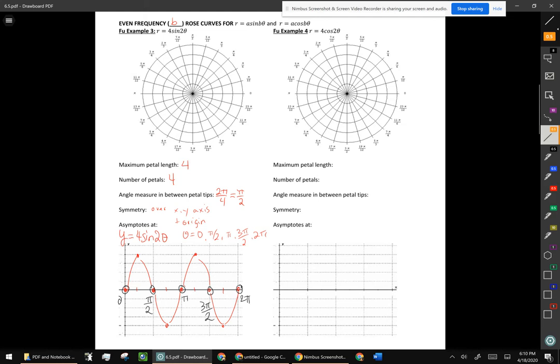So the reason why we put them in there is because if you think about it, at 0 and pi over 2, the petals are being drawn in between them. So if I go from 0 and now I'm going to extend it through the origin, that actually covers the drawing guide or the asymptote here of 0 and pi.